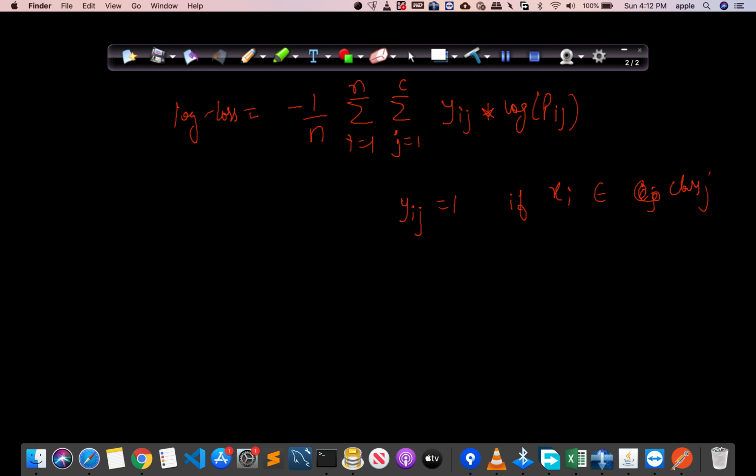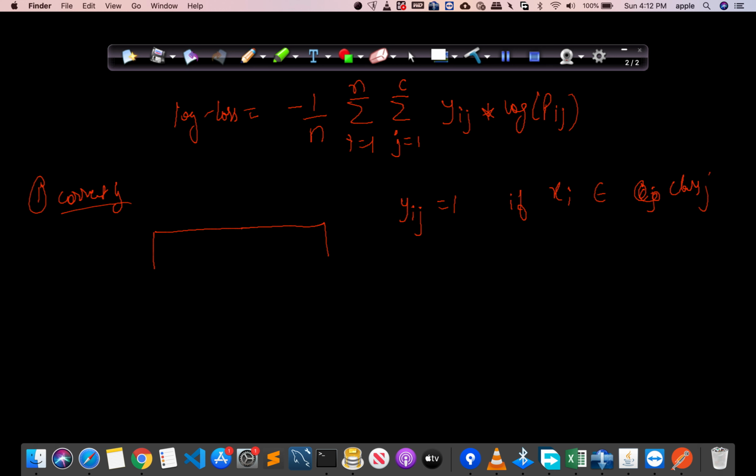Now what this means is, for example, I will take a case where the point was correctly classified, and then an example where the point is incorrectly classified, and see how to calculate log loss. First, correctly classified. Suppose there are three classes.